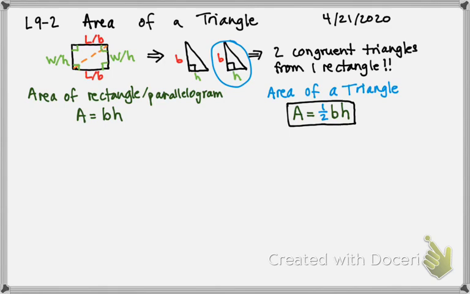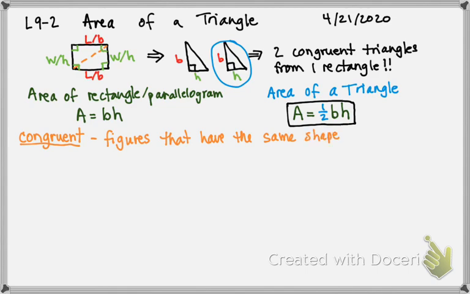So the definition I wanted to go back to is the word congruent again, such an important word in geometry. You'll hear it all the time when you get into geometry class in high school. So these are going to be figures that have the same shape and same size.